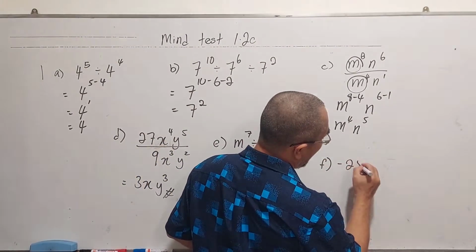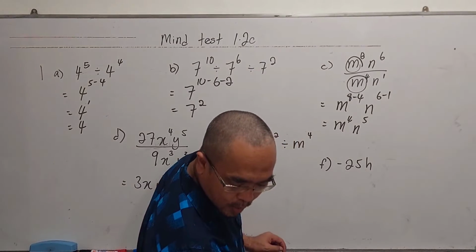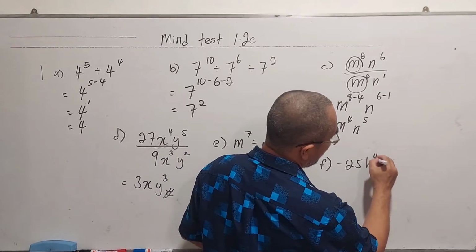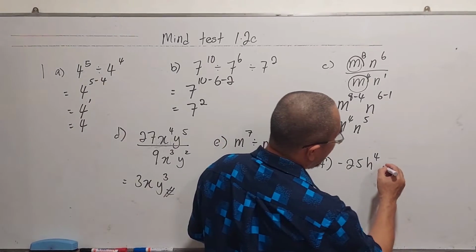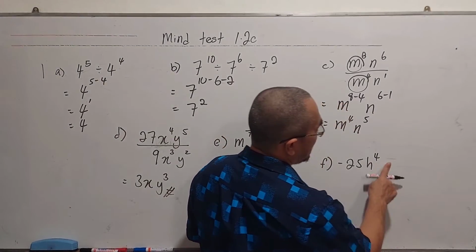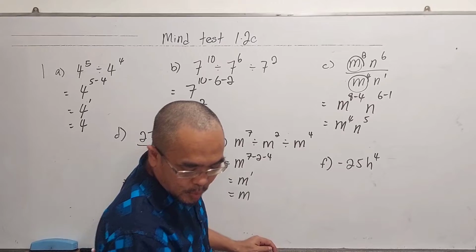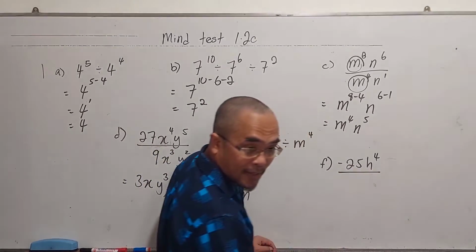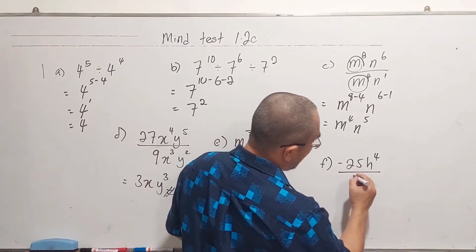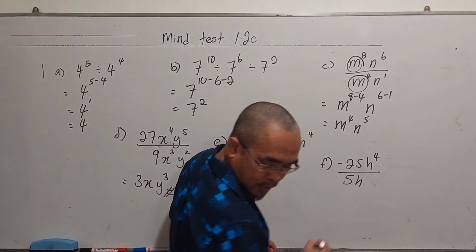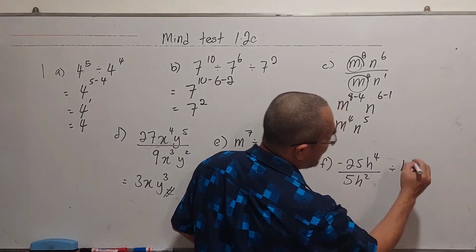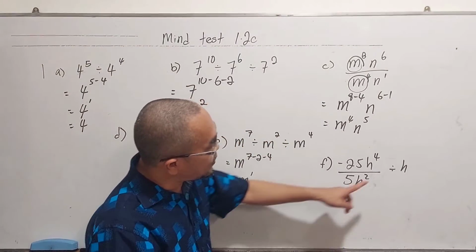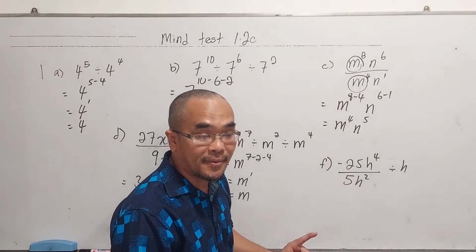Negative 25 H to the power of 4 divided by, okay, it's easier to write down over 5H to the power of 2, then we divide by H. Okay, so we just do part by part.